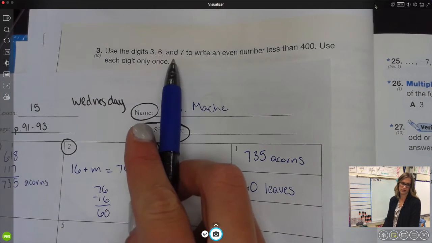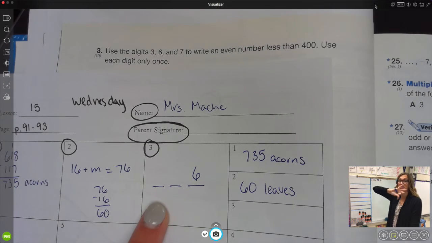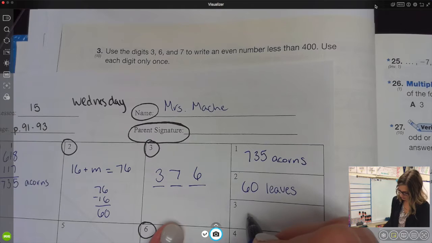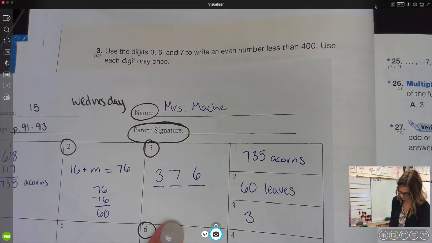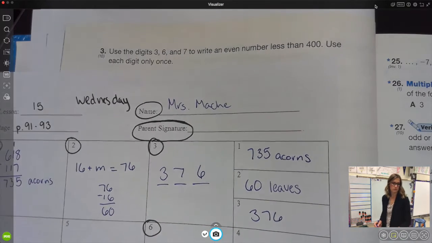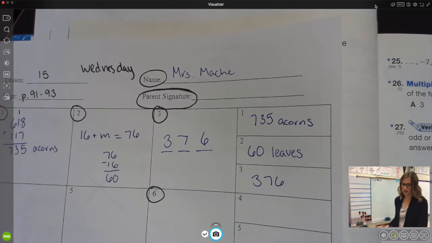Do we want the 3 or the 7 in our hundreds place if it's got to be lower than 400? 3. So 376. Awesome.